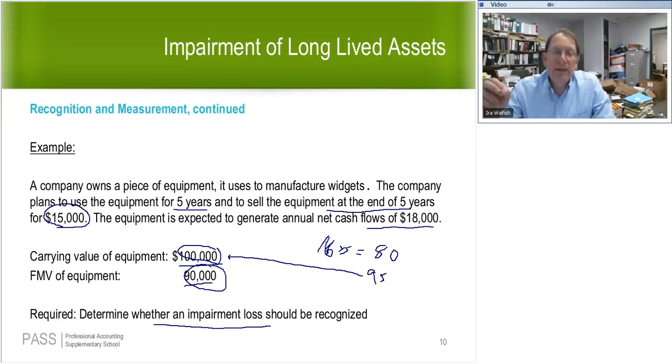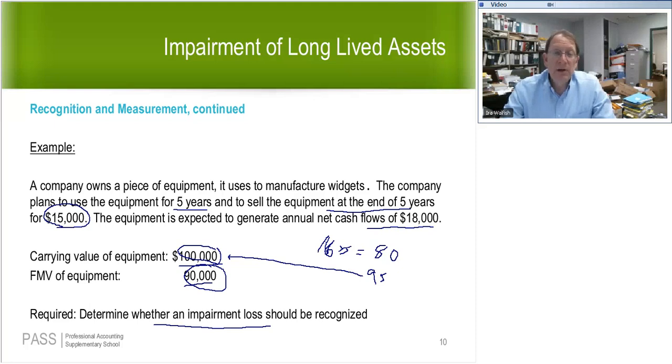People, just so you understand the logic here, you know what the logic is? The logic is, as long as my asset side of the balance sheet is not greater than the fair market value, I'm good. It's not fair for me to record something on my asset side of the balance sheet that is greater than my fair market value, because I can't sell it and get it.